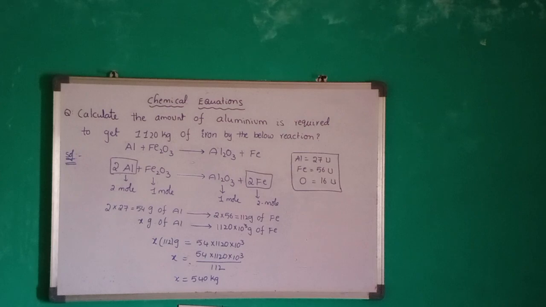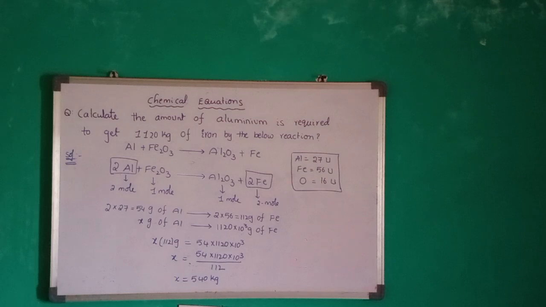How can we say this? Based on the equation, it is clear: 54 grams of aluminum can produce 112 grams of iron. Now the question is how much aluminum is required to produce 1120 kilograms. In the problem they gave kilograms, but based on the equation we are working in grams, so we need to convert kilograms into grams.